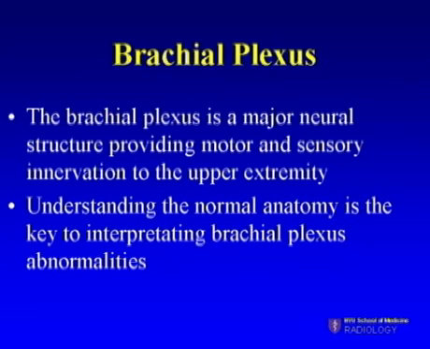So the brachial plexus is a major neuronal structure providing motor and sensory innervation to the upper extremity. And the key is understanding the normal anatomy in order to interpret brachial plexus abnormalities.